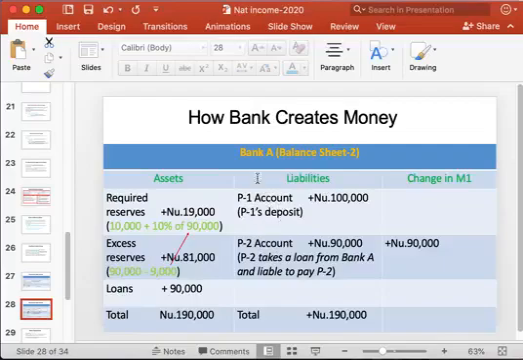It is not that Bank A is printing the money and there is an additional 90,000 Newton being pumped into the economy. So that is how there is a change in money supply because of the banking activity.